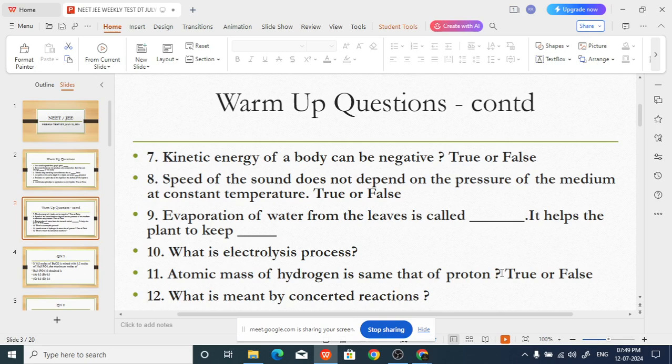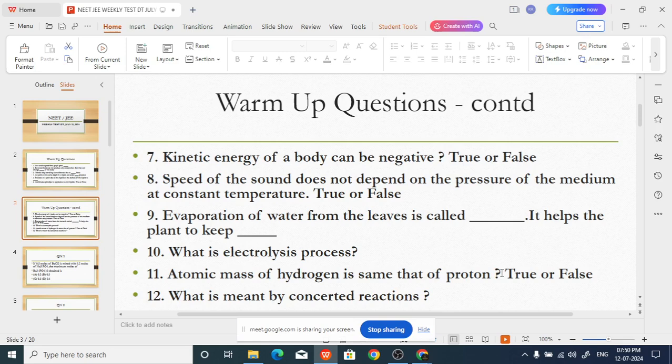V square, can V square be negative? V can be negative, but anything squared will be positive, no? Minus 5 square is plus 25, plus 5 square is also 25. So it cannot be negative. Kinetic energy of a body can be negative? No, it is false. It is always positive.